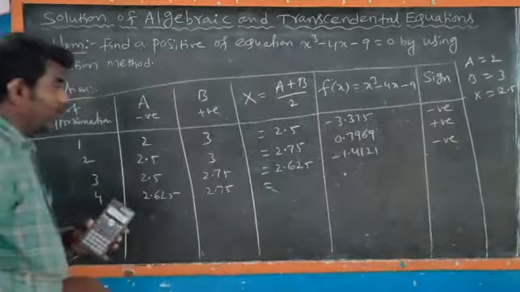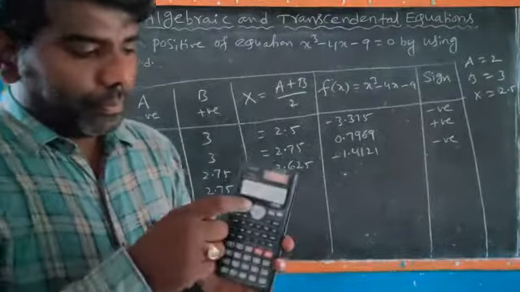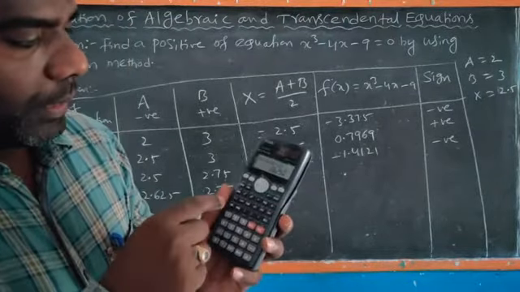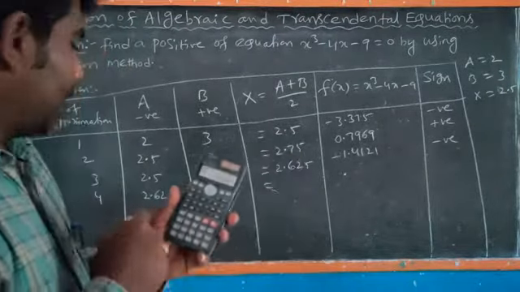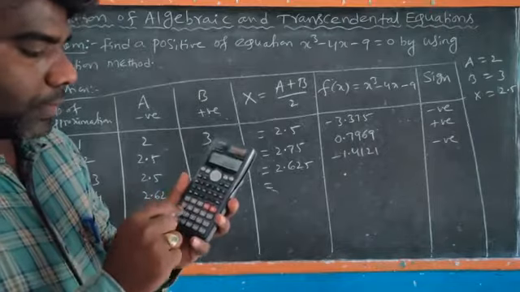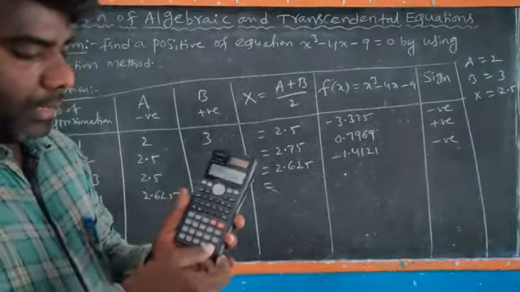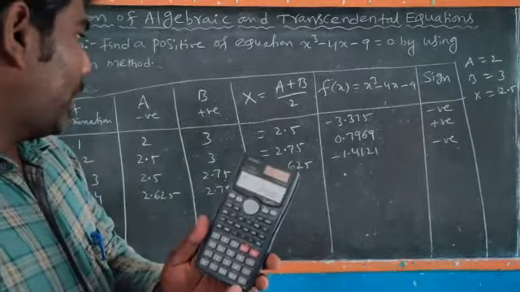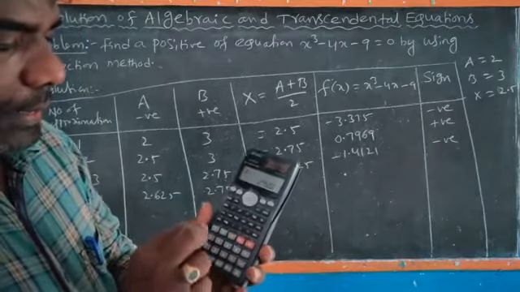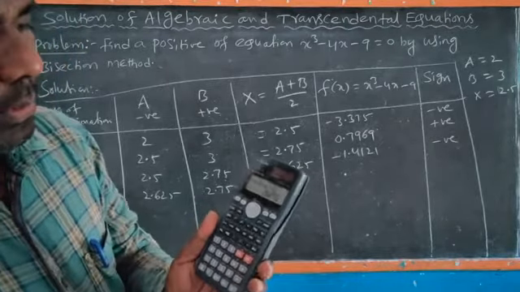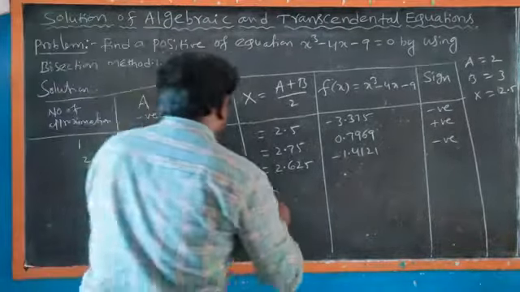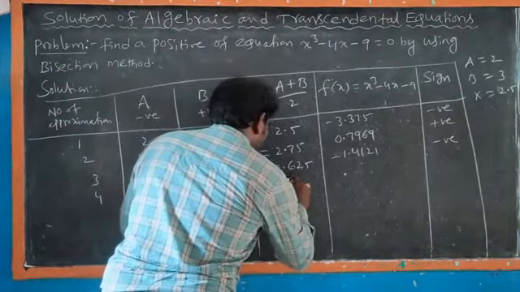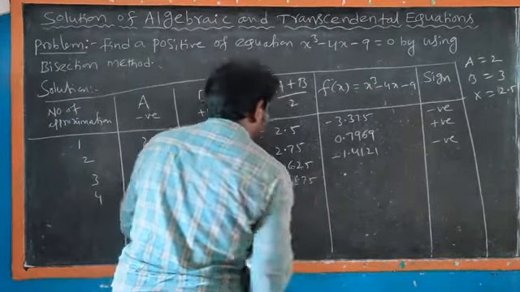Now go back, then calculate what is a: 2.625. What is b: 2.75. That equals 2.6875.